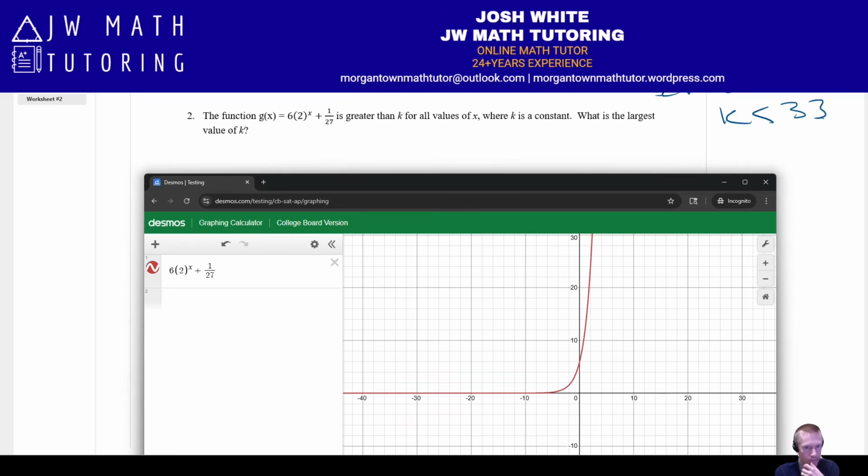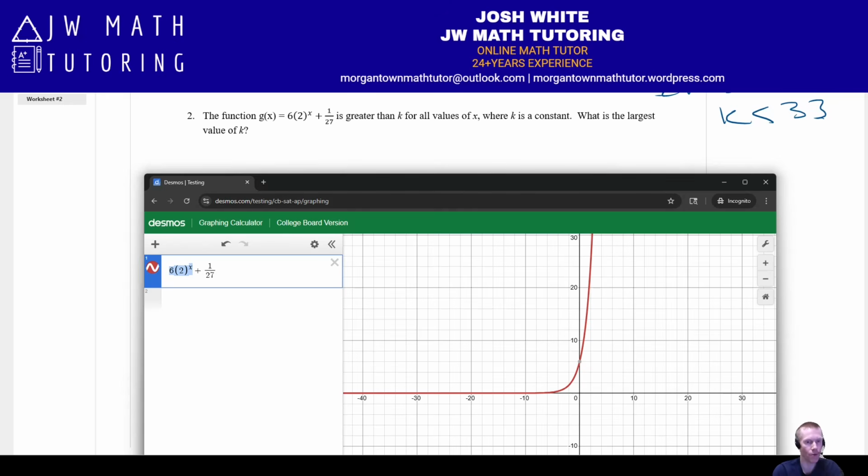So as the x value gets smaller and smaller, as you get increasingly negative, this whole first term right here, the 6 times 2 to the x, just goes to 0. As the x value gets negative, it becomes 6 over 2 to the x, but it's positive because you would flip it.